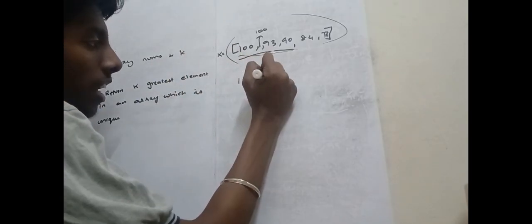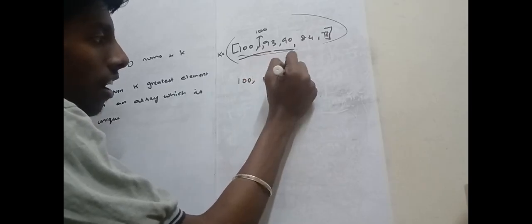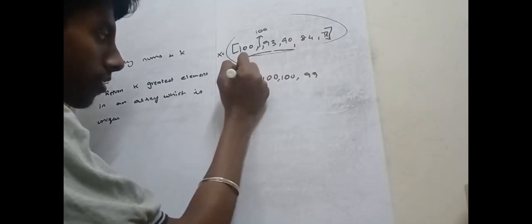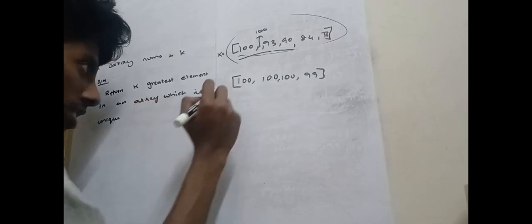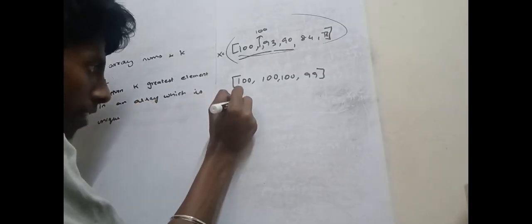Now how can we solve it in O(1) space? Let's say this is going to be one such array: 100, 100, 100, 99. After sorting, this is going to be the array. Now first, let's say answer is your array which you're going to return.